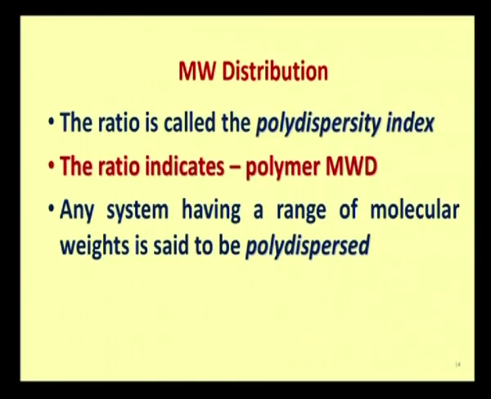Generally, it does not occur unless you make use of certain technologies, like Ziegler-Natta polymerization or coordination polymerization technique, to make highly uniform and highly isotactic polymers, which could be obtained only by those methods. You can achieve a value very close to 1, but it cannot be equal to 1. So, you always have a polydispersed sample and you can never produce a monodispersed sample, but very close to monodispersion can be made by artificial methods.